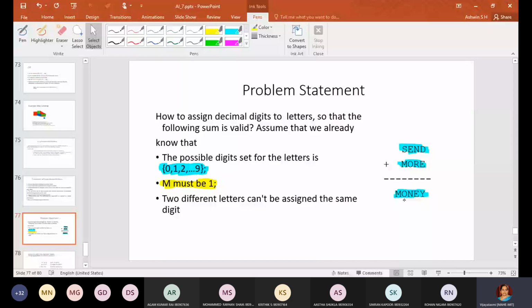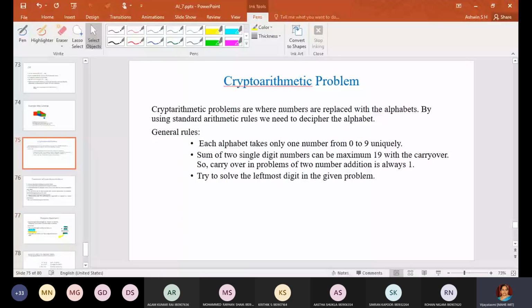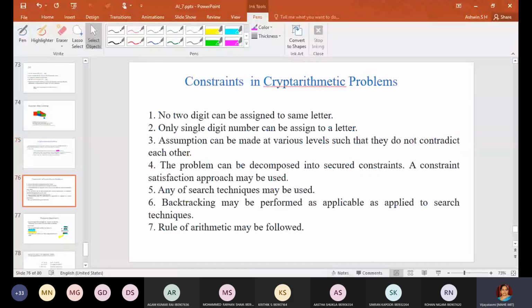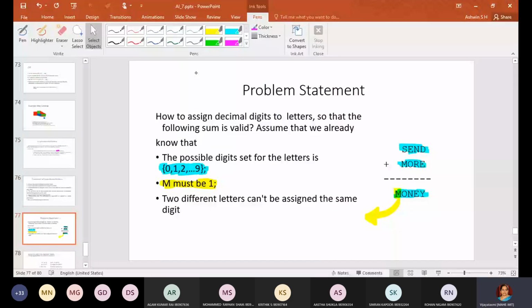Please note, this M is the carry generated after you do the addition S plus M. You have added S plus M and one carry is generated, because in the previous slide I told you that a letter can take numbers from 0 to 9 only. So the sum of the digits can be maximum 19, with carry 1. That carry we have got, that is why this M has to be 1. And of course, 2 different letters can't be assigned the same digit.